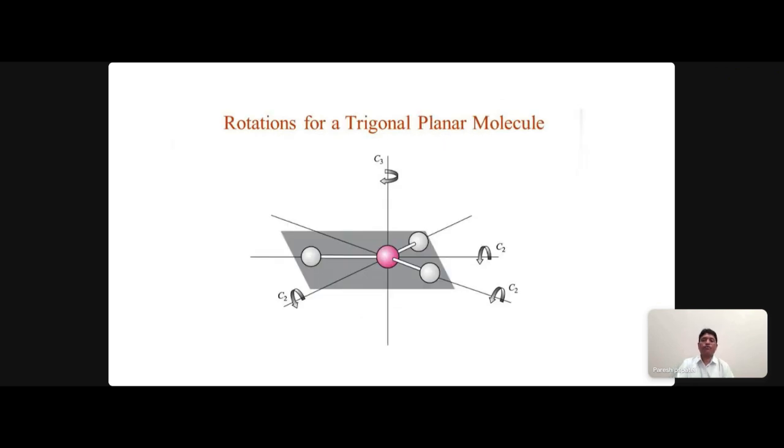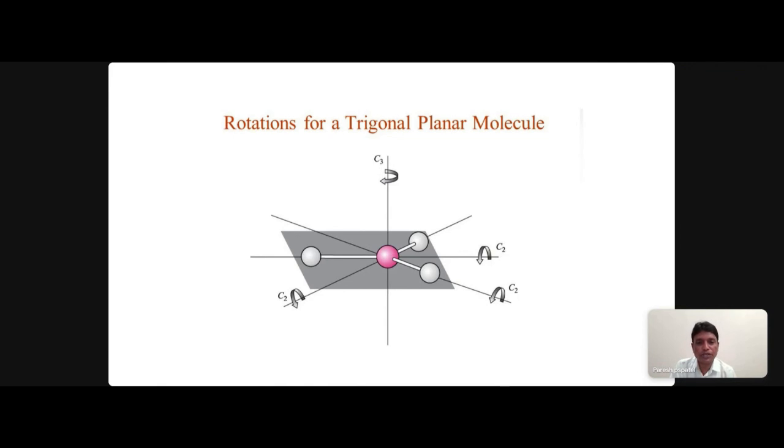In case of a trigonal planar molecule, as for example the BF3 molecule, this is the imaginary axis, and with the help of this imaginary axis, if we rotate the molecule along this axis by 120 degrees, we get an equivalent orientation.